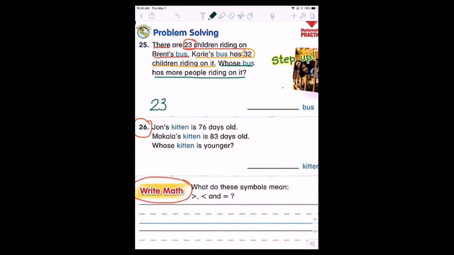23. Okay, you have 23. So I write my 2 groups of 10, and my 3 ones.